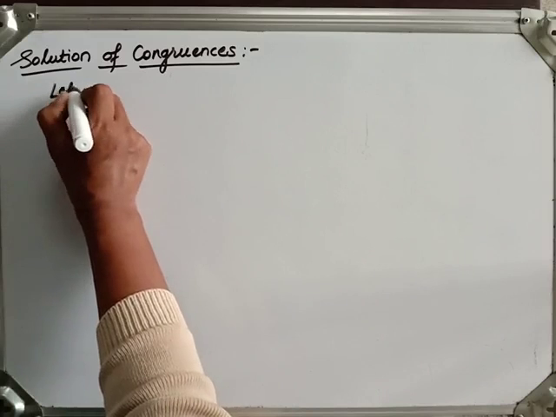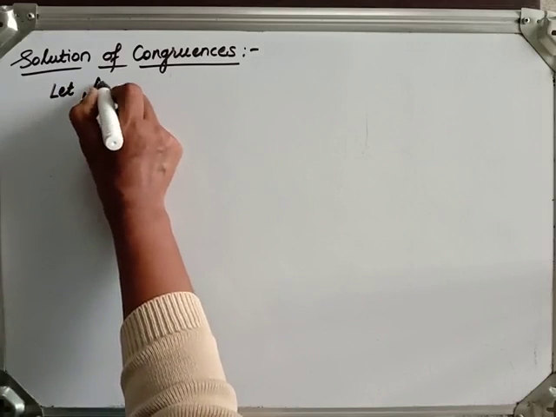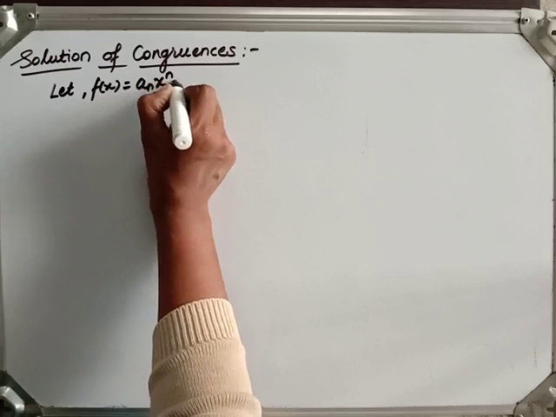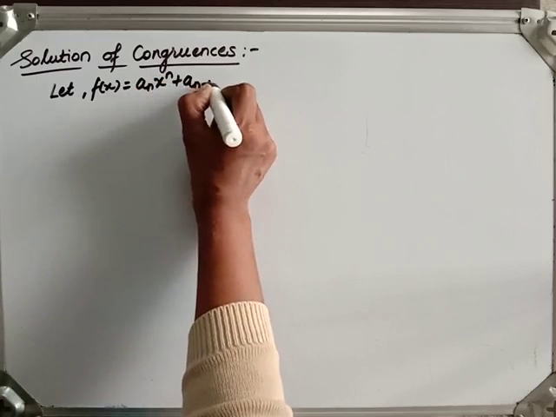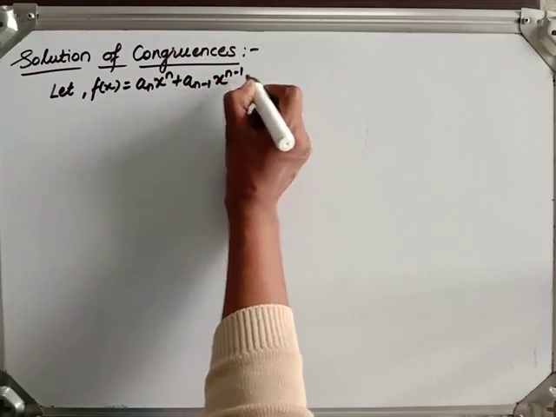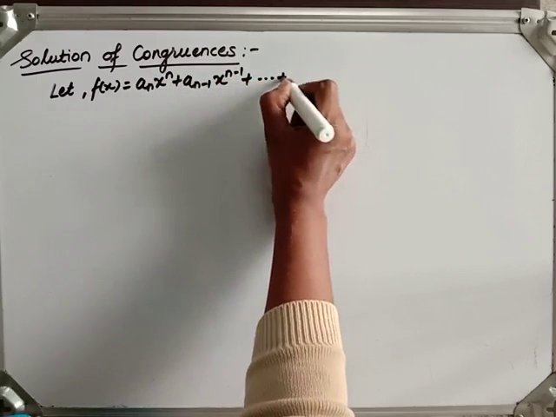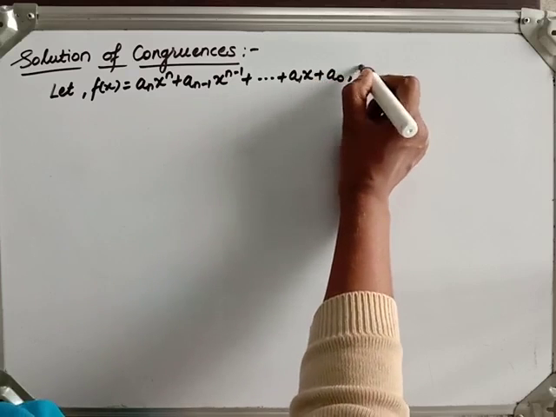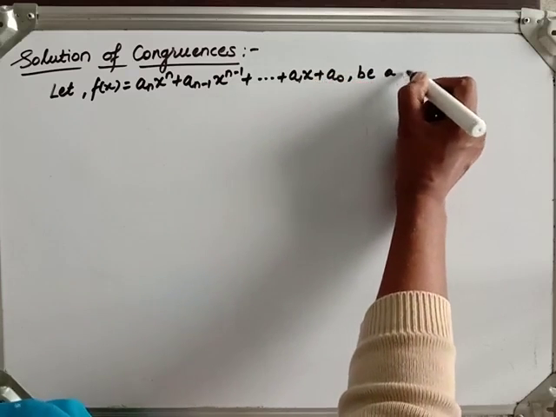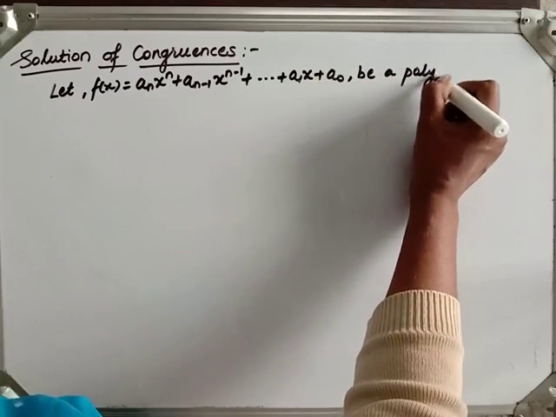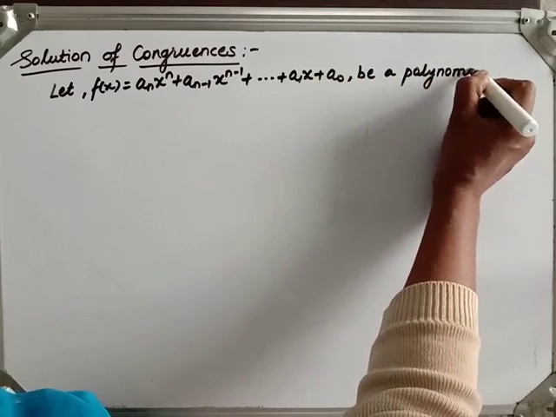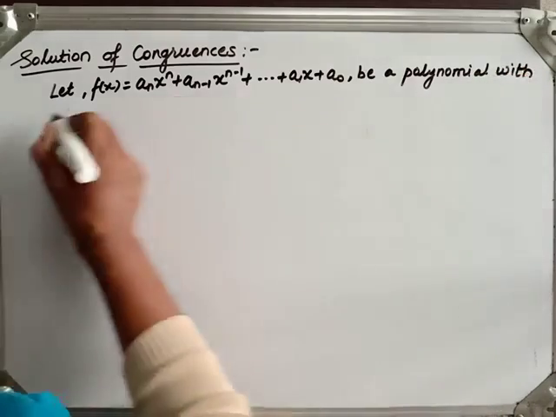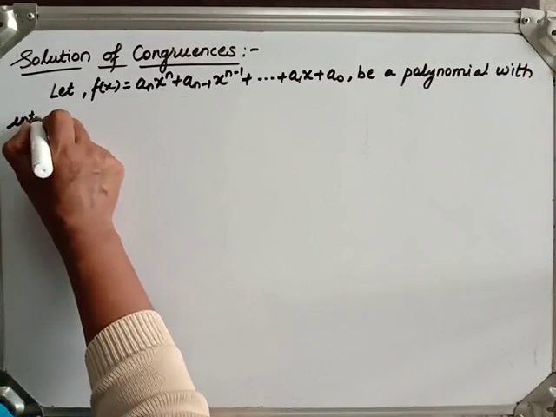Now first of all, let f of x is equal to a_n x raised to n plus a_(n-1) x raised to n minus 1 plus so on up to a_1 x plus a_0 be a polynomial with integral coefficients.